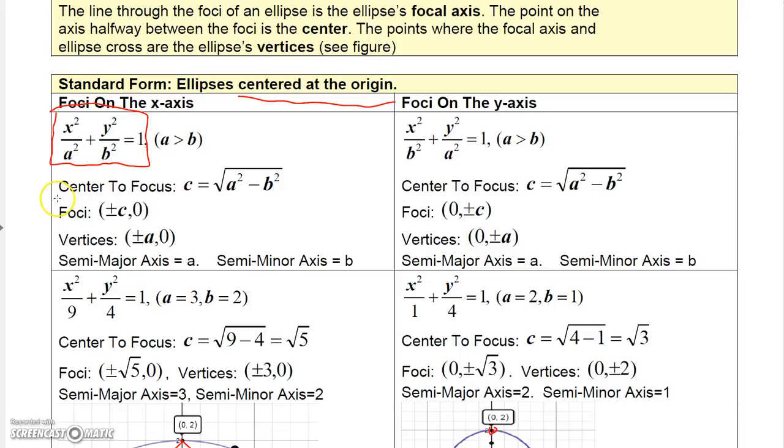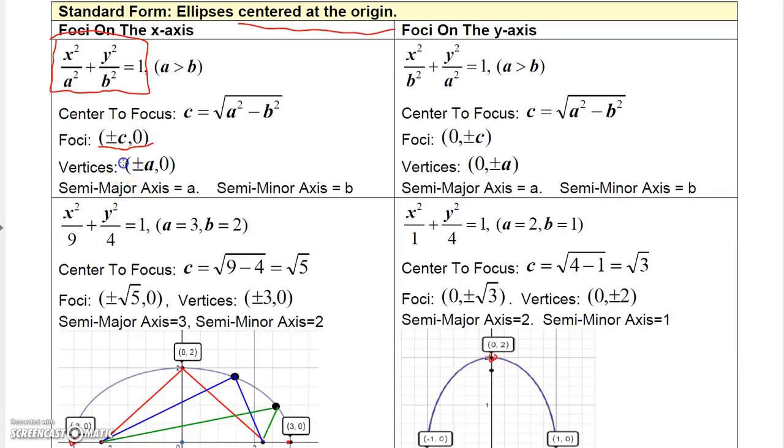To find the distance from the center to the focus, c would be the square root of a squared minus b squared. So the foci would be plus or minus c, 0. And then the vertices would be the points plus or minus a, 0. And so the semi-major axis would be a, and the semi-minor axis would be b.